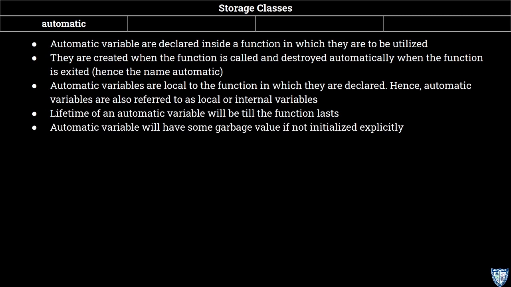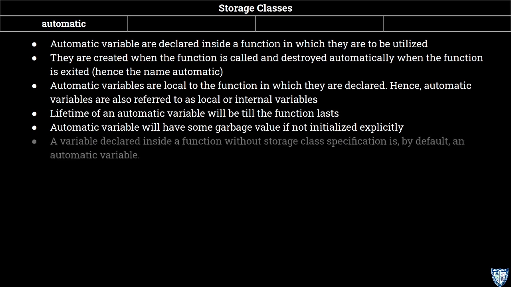And an automatic variable will have some garbage value if not initialized explicitly. That is also slightly mentioned in the previous example. That is, when you declare a variable int a and print its value without putting any value in it, it will print some garbage value. So the initial value of an automatic variable, if you do not put any value inside it, will be some garbage value.